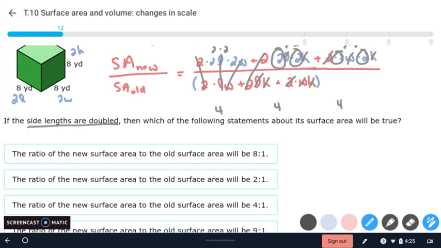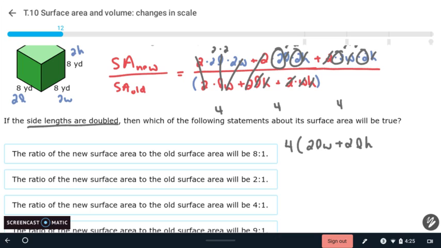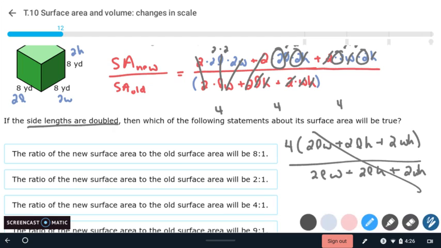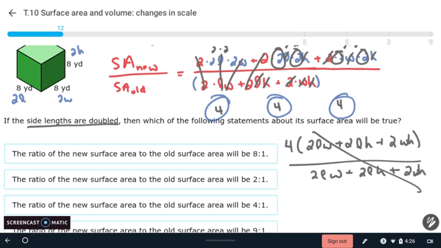So it'd be like 4 times 2LW plus 2LH plus 2WH over the denominator. But here for this problem, you don't have to go that far. You just know those cancel out. And as long as you get this same number for all 3 of them, that's going to be our answer. So it's going to be 4 to 1.